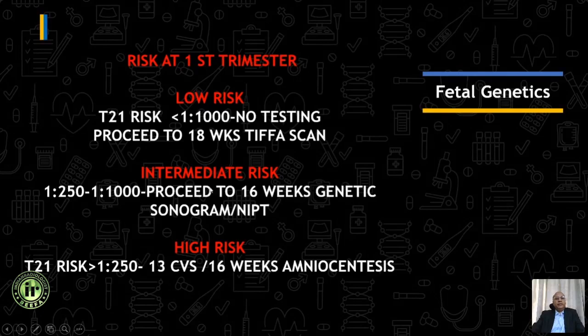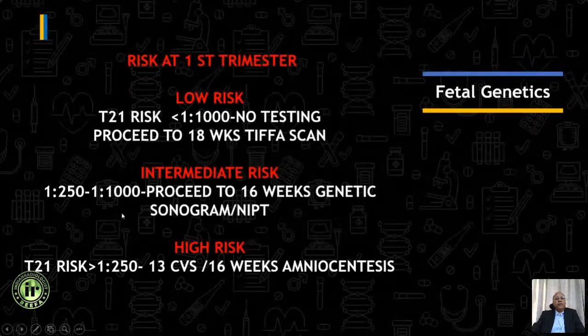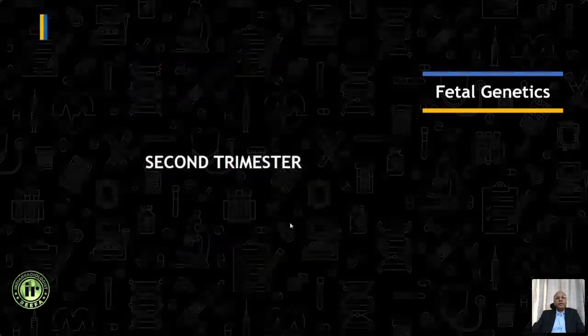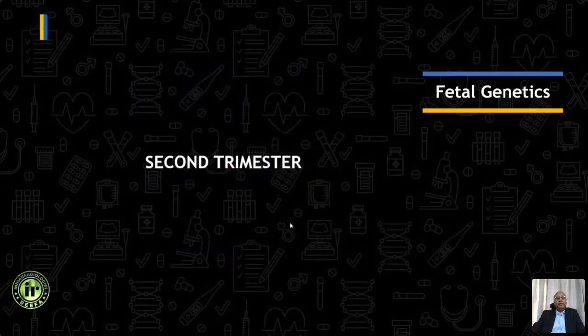When the patient has a risk between 1 in 250 and 1 in 1,000, this is called intermediate risk. In cases of intermediate risk, we advise a 16-week genetic sonogram or an NIPT, and then take a call at the 17th week whether to go for invasive testing or not. So this is how a risk is assigned at the end of the first trimester. The maternal age-related risk is converted to a first trimester risk.